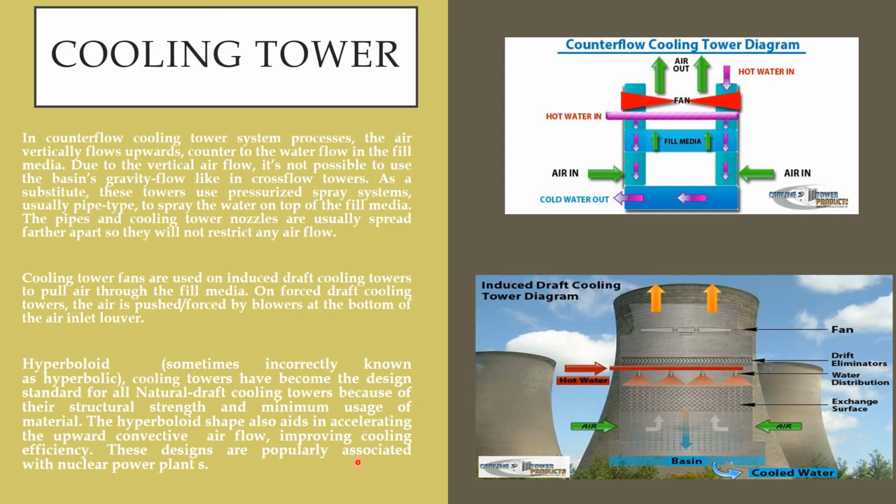These designs are properly associated with nuclear power plants. This natural draft is attained by means of the chimney effect due to the height of the tower vertically. This will give the chimney effect for this natural draft to the natural draft cooling towers.